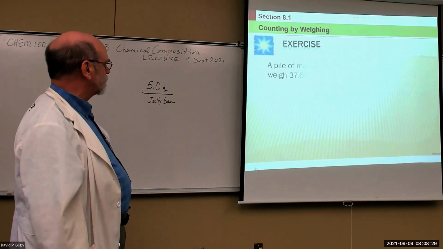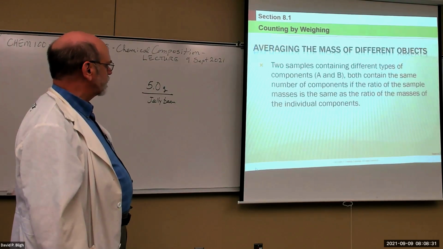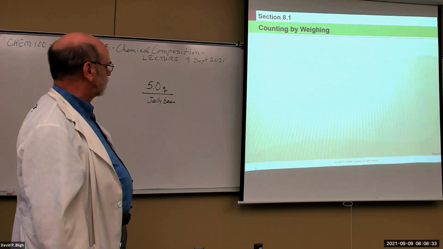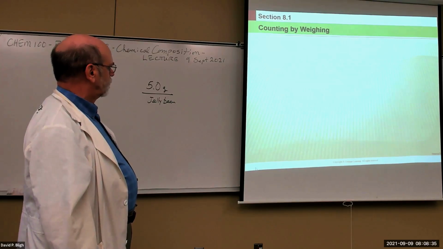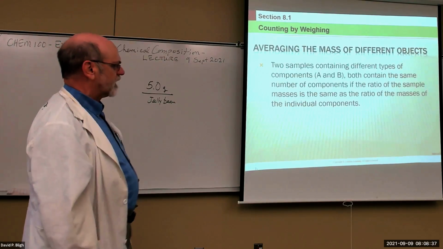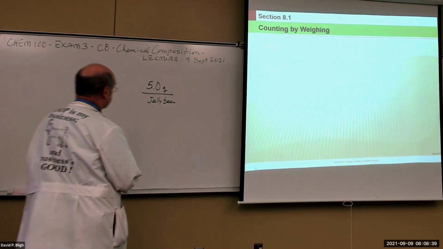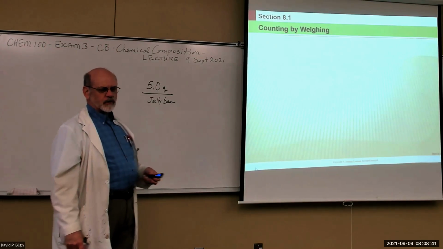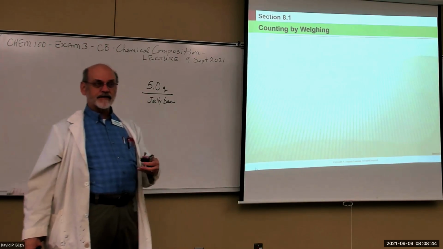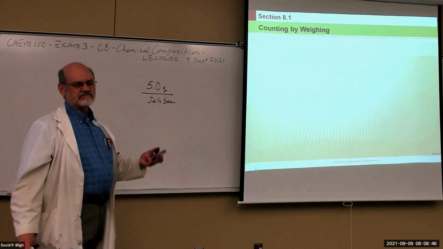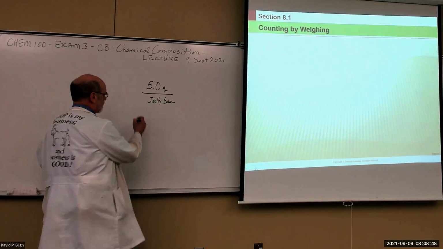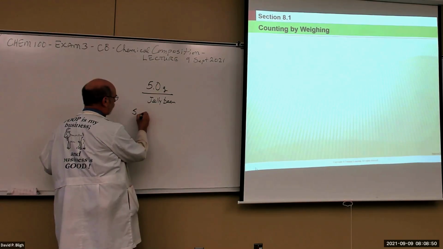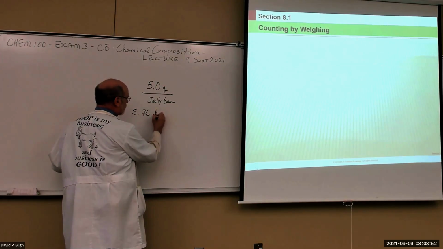All right, so if we, let's see. I feel like I'm missing a slide. Let's say we weigh those jelly beans and we find that they're, let's say, 5.76 kilograms.